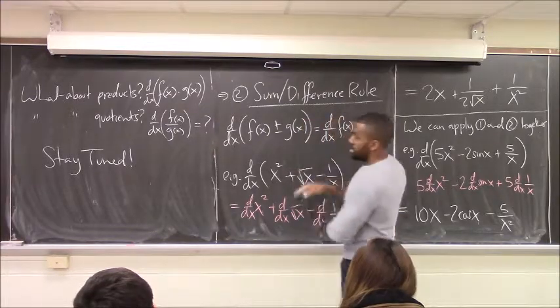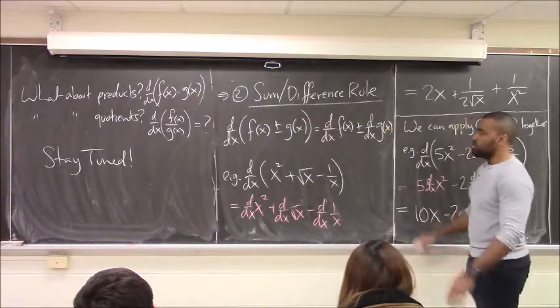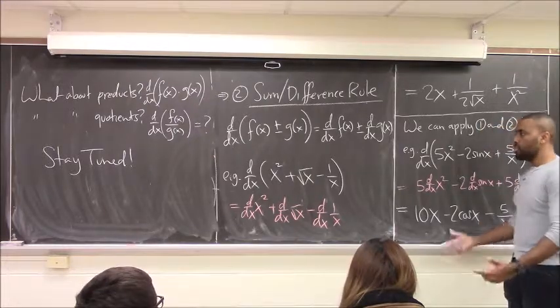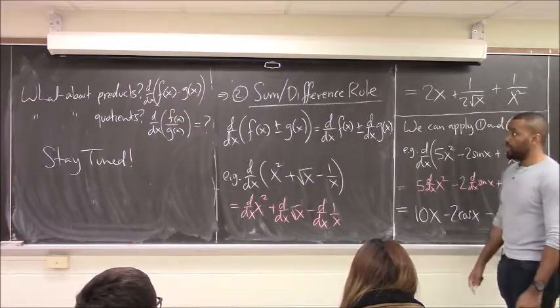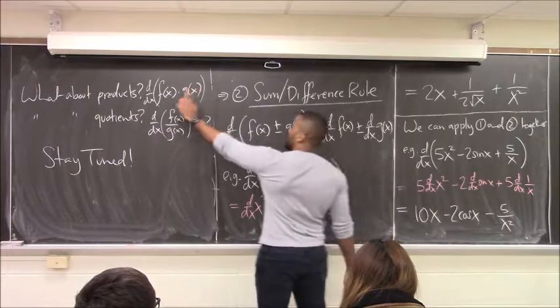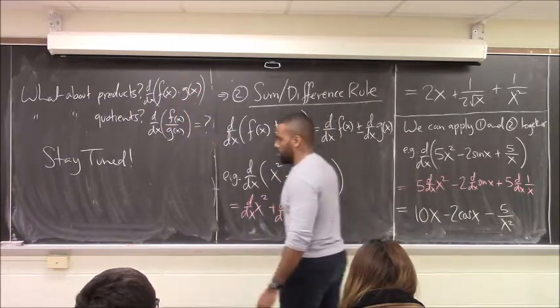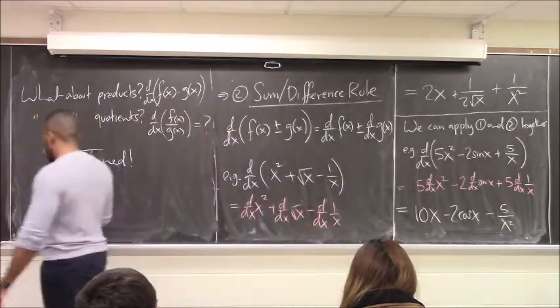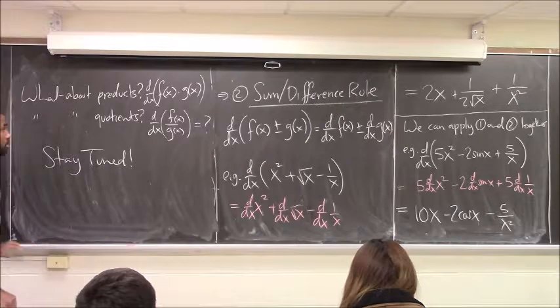For sums and scalar multiples though, it behaves very naturally. Distributive law applies and factoring out applies. We're talking about multiplication of two functions that have variables in them. It's a little bit trickier than that.